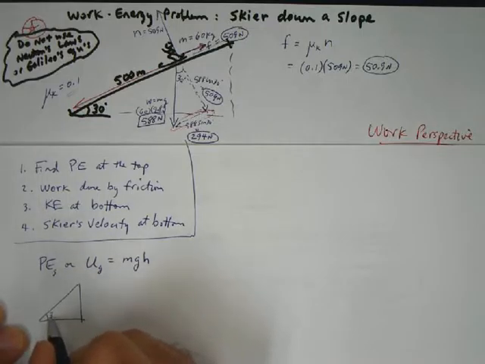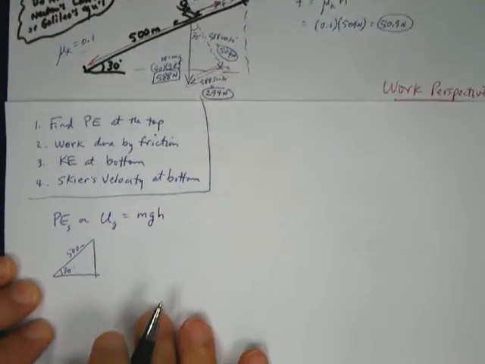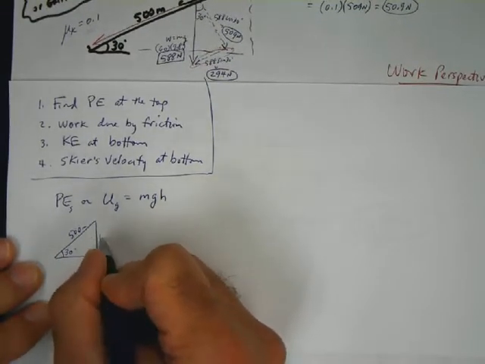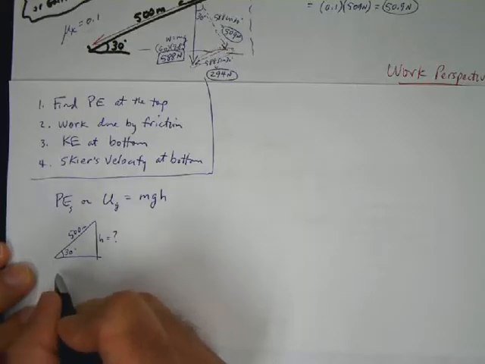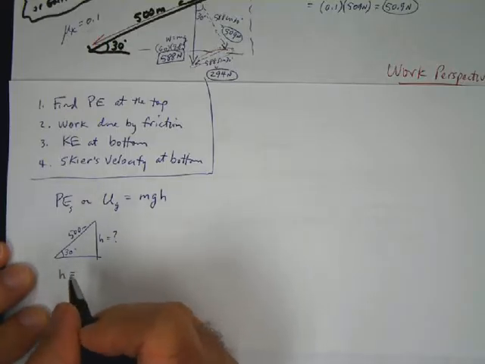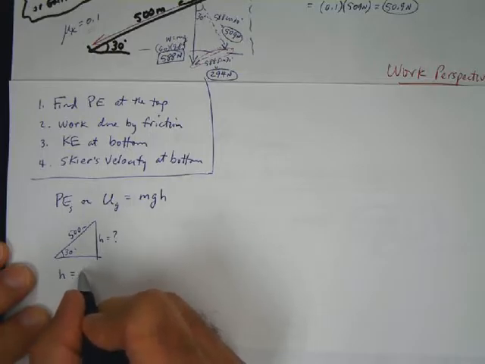Okay, well that shouldn't be too much of a problem. H would be what? 500 times the sine of 30 degrees, half of 500, so that's 250 meters. So H is equal to 250 meters.